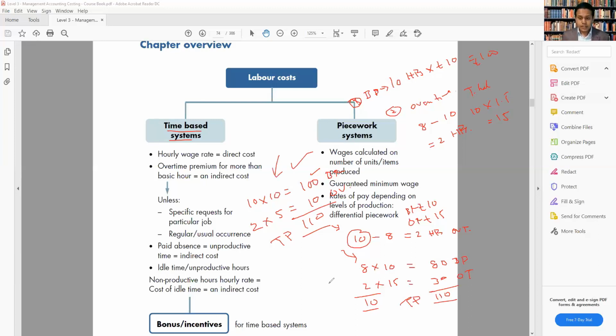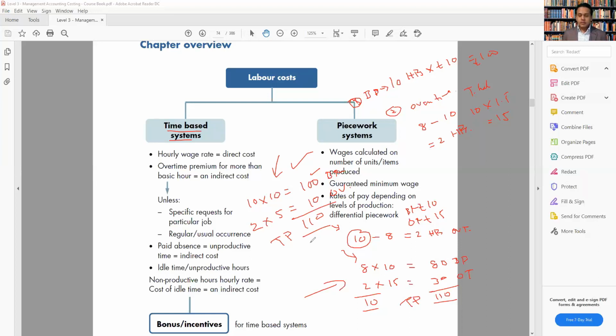You don't do that calculation for the basic and overtime, because the question will ask you specifically how much is overtime and how much is the basic pay. So you multiply all the hours that the employee works with the basic rate, and only the additional payment on top of the basic pay will be considered as overtime. So don't include the overtime with the basic pay.